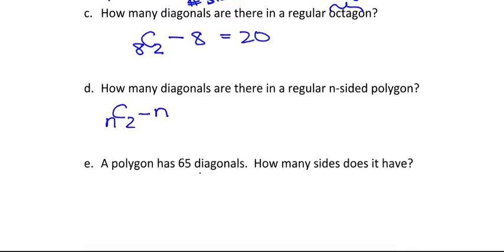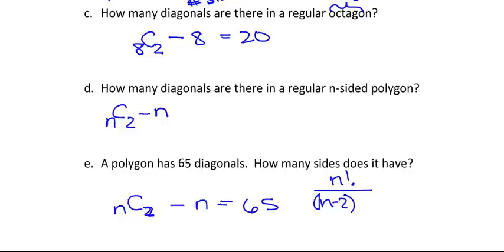A polygon has 65 diagonals. So how many sides does it have? So now I'm setting this expression equal to 65. I'm going backwards to figure out how many sides there must have been. So I'm going to evaluate this over here. N choose 2 means n factorial over n minus 2 factorial times 2 factorial.